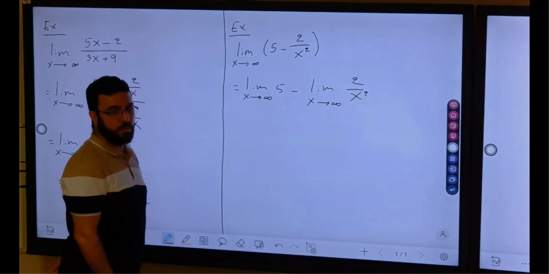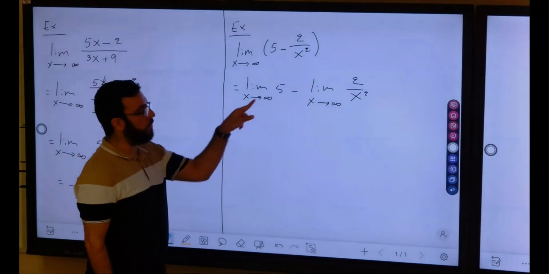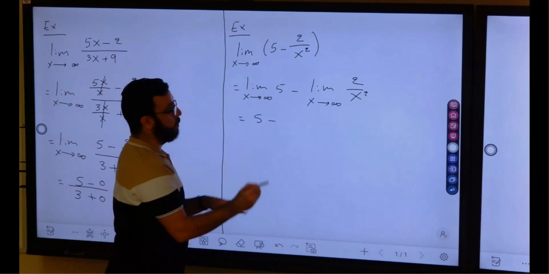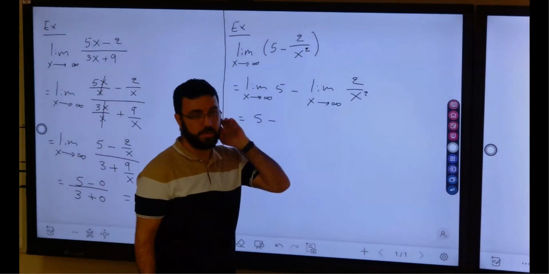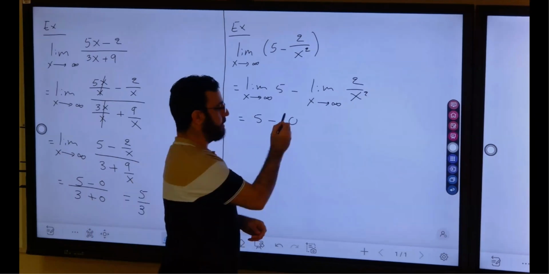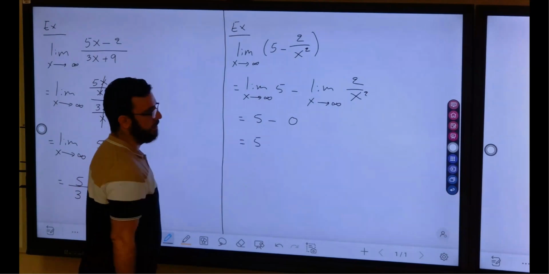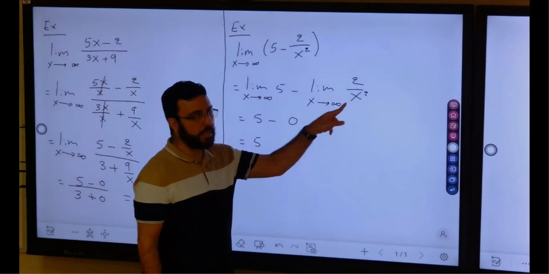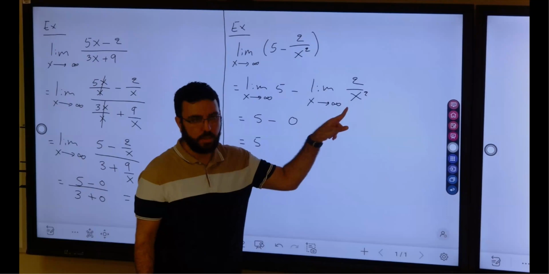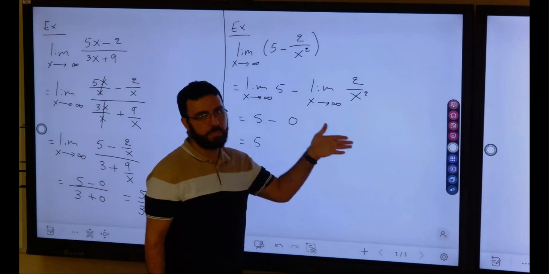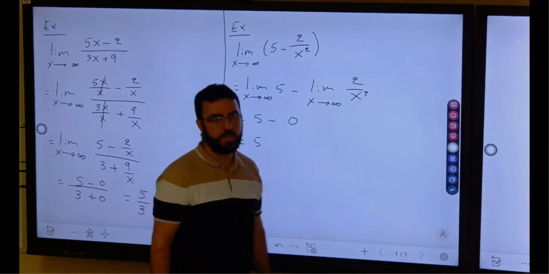Yes or no? Now, what's the limit for a constant? Just 5 minus. What's the limit for 2 over x squared? 0. 5 minus 0, which is equal to 5. That's it. Even if you divide this one by the highest exponent, 2 is going to be divided by x squared, and x squared divided by x squared is going to be the same thing. So you're not going to make any change.